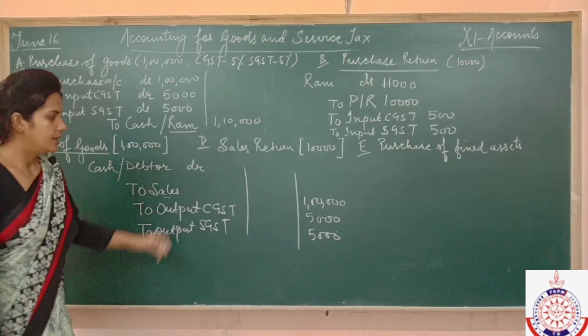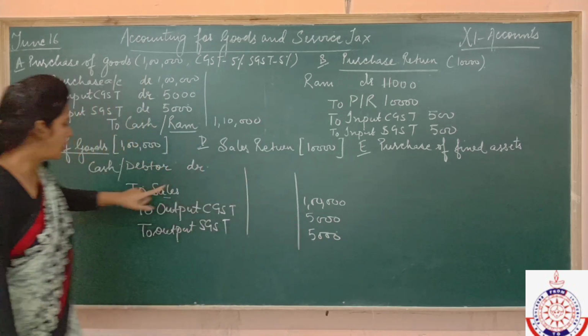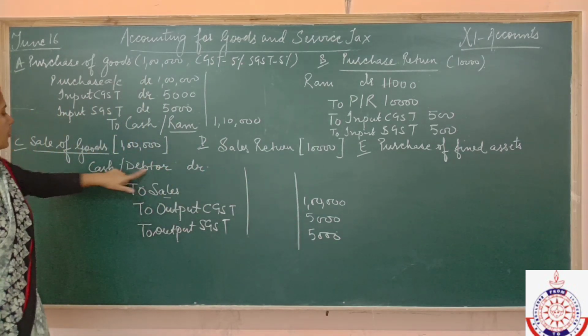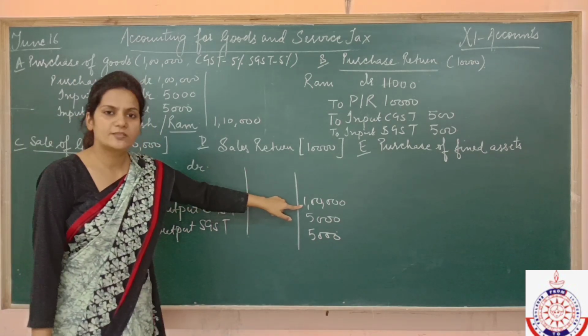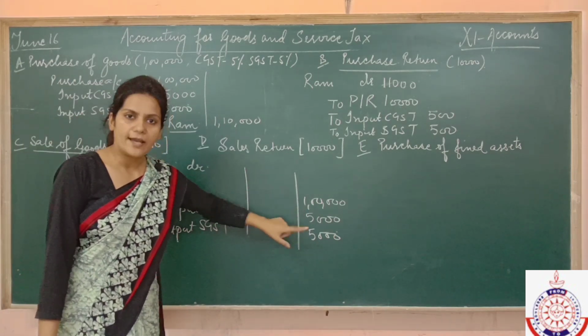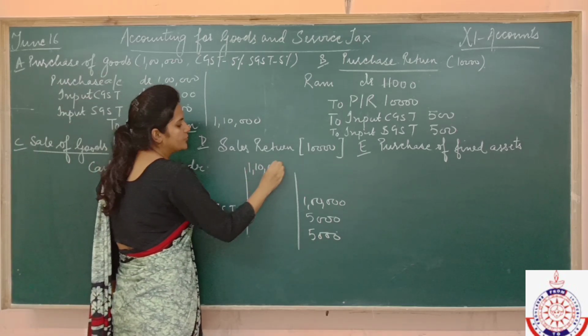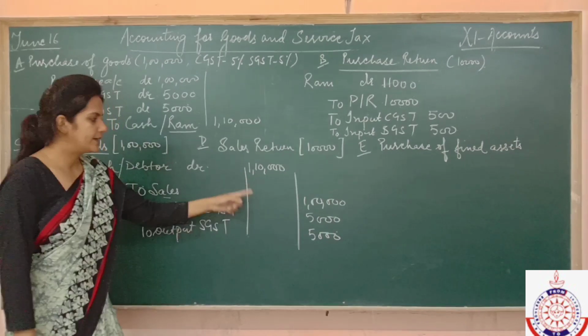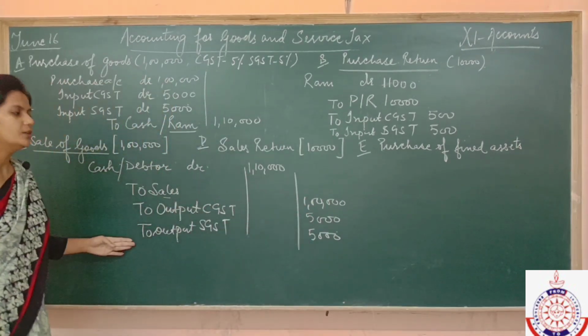It means I have sold the goods at rupees 1,10,000 to my debtors. Or if I have sold the goods for cash, then after selling goods of rupees 1 lakh and after adding tax into it, I have collected rupees 1,10,000. Out of this 1,10,000, 1 lakh is my money and 10,000 I have to pay to the government.